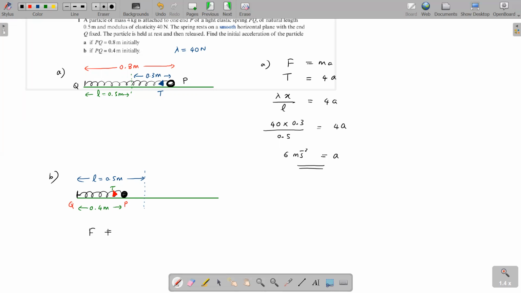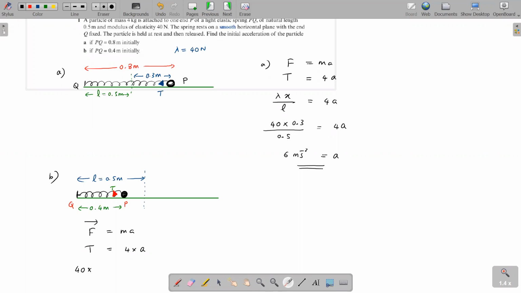So we'll apply F equals ma. For Hooke's law, it's lambda x over L regardless of tension or thrust. Mass is 4 kilogram into acceleration. What about the extension in this case? The extension is the distance that you are moving from the natural length.